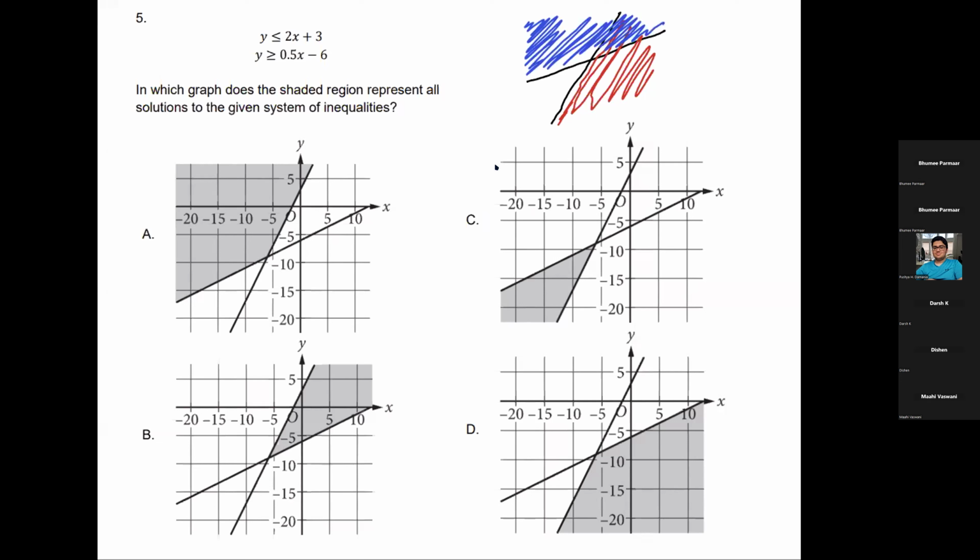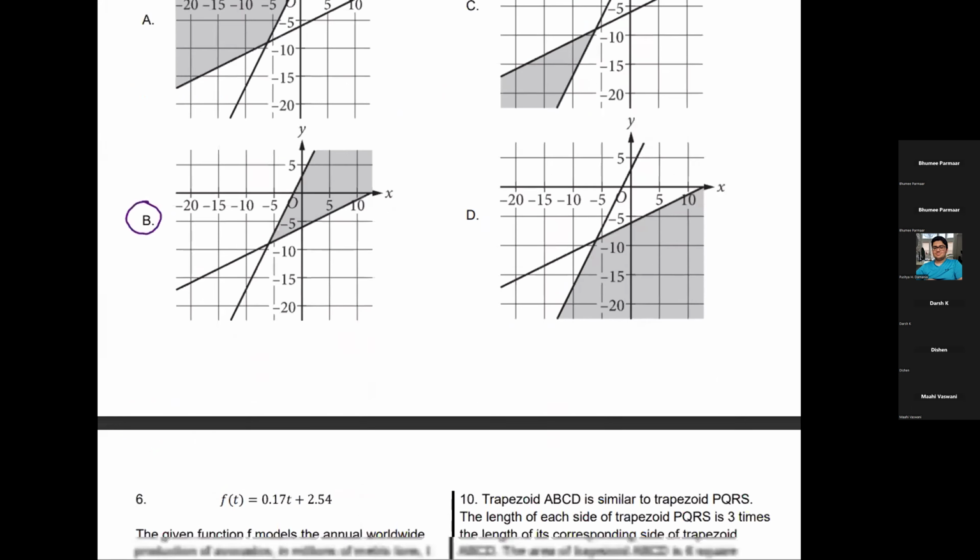And the correct answer would be where both of the shaded regions intersect, which would be this area right here. So that would give us the correct answer of B. Okay, question 6.